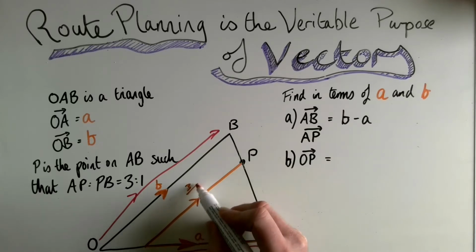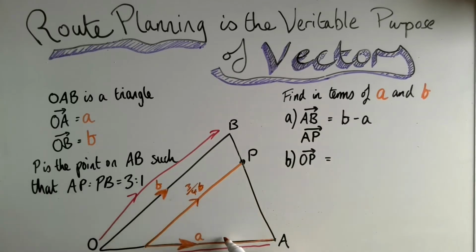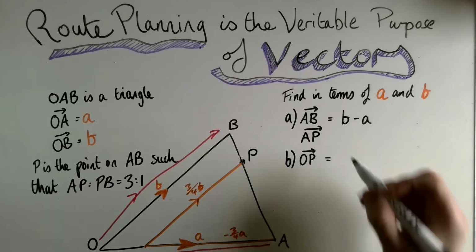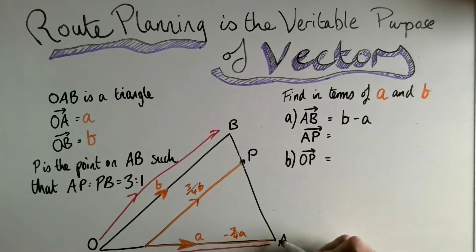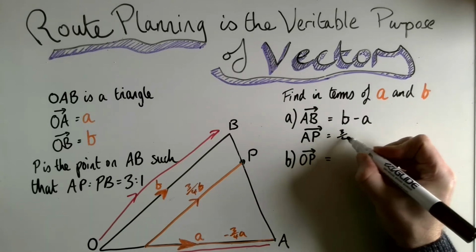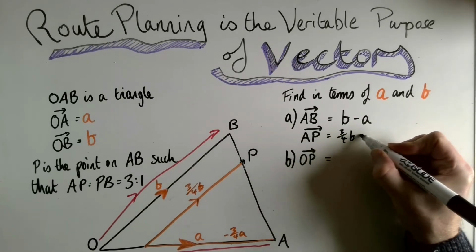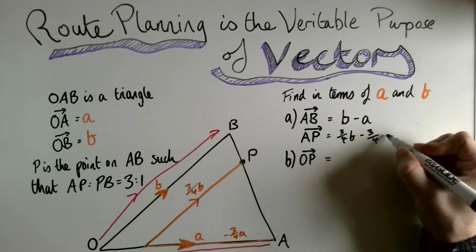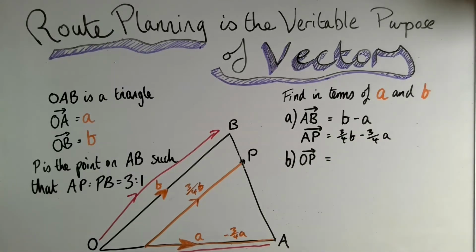So if I call that 3/4 of B, and that minus 3/4 of A, that is going to be a real key thing to use. So going from A to P, first of all, is going to be 3/4 of B, take 3/4 of A.